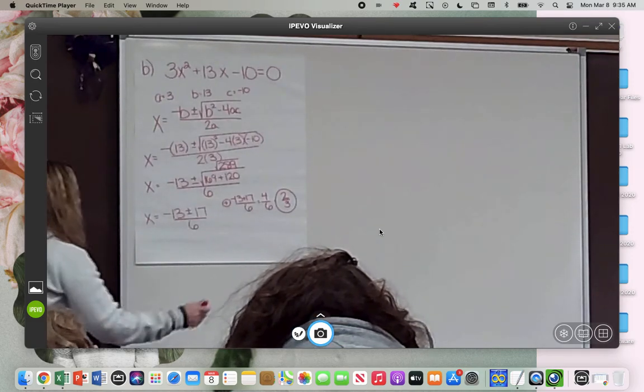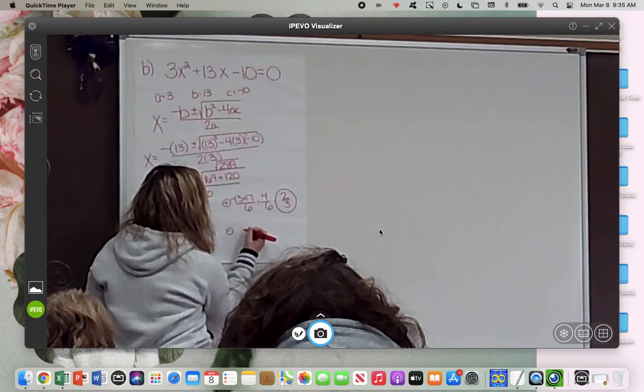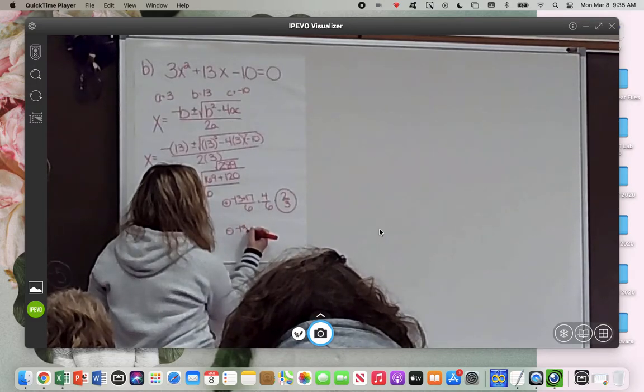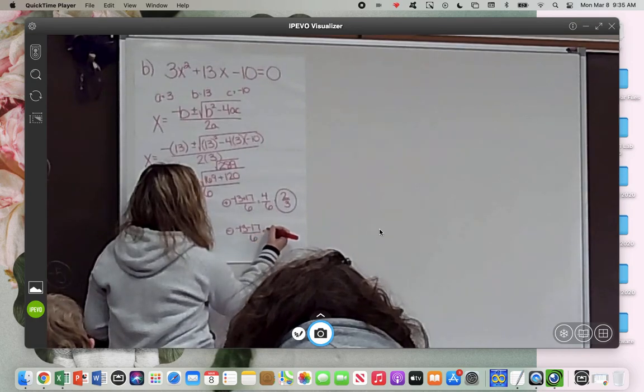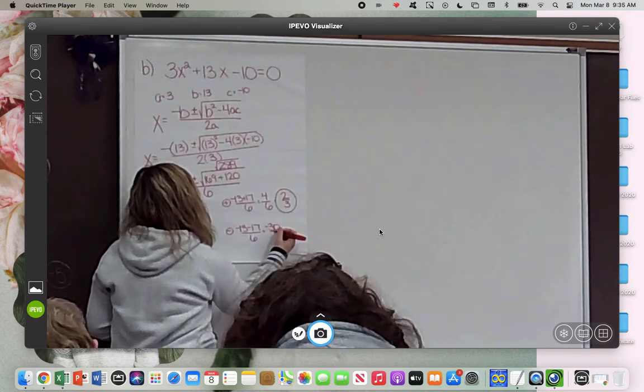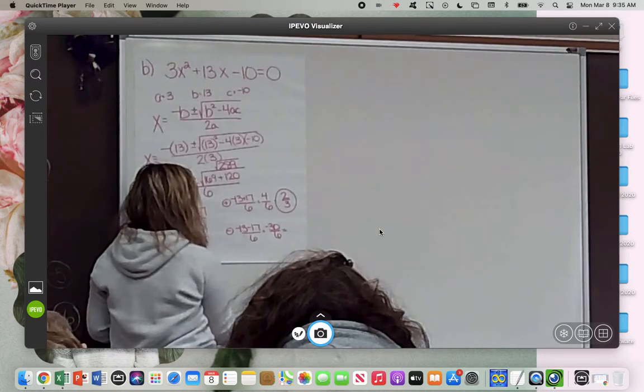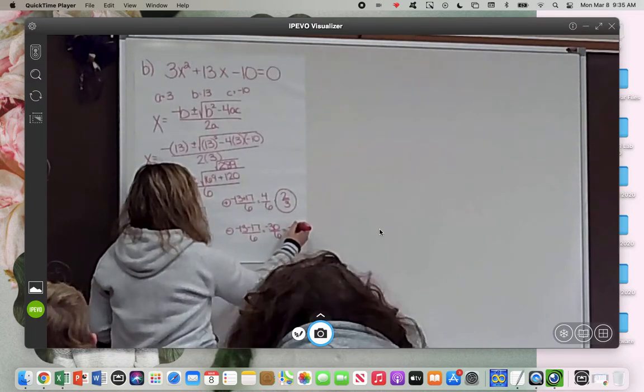Now the second answer, when I subtract, what's negative 13 minus 17? Negative 30 divided by 6, negative 5.